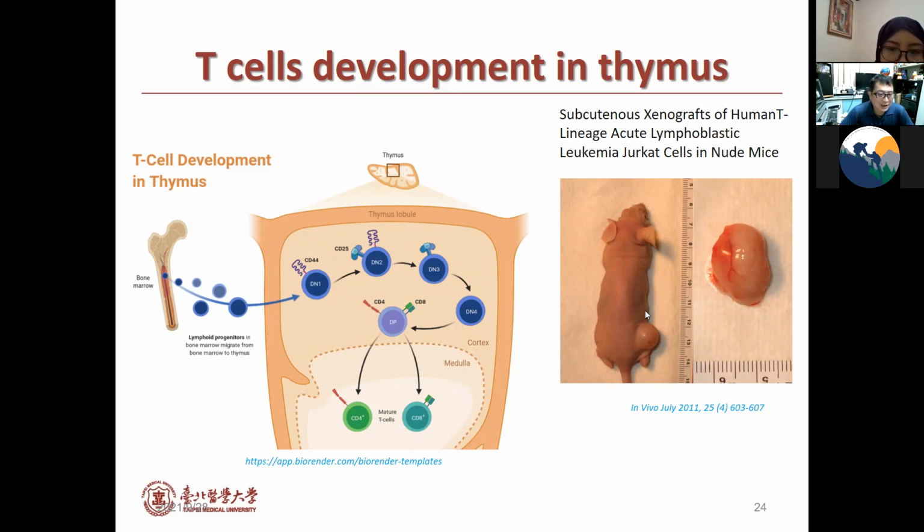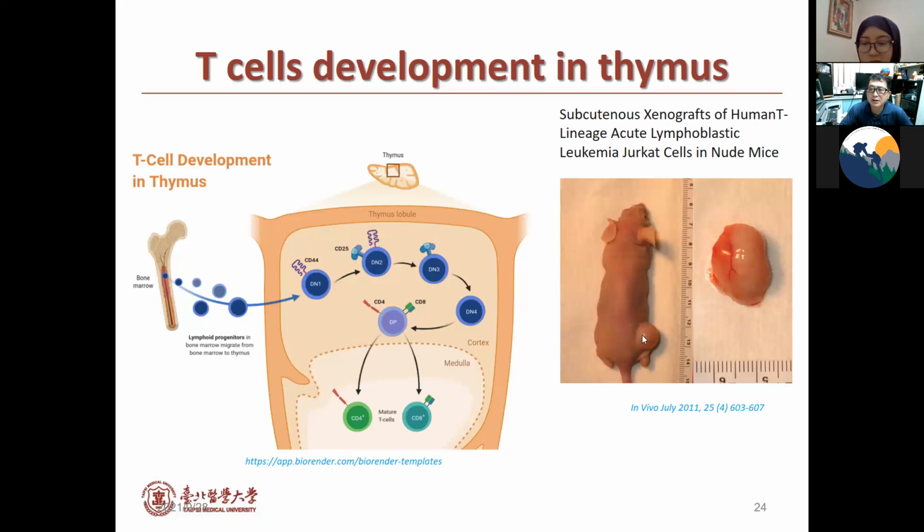In TMU, we use a lot of this kind of mice for drug testing. The drug can be a therapeutic drug for treatment of different types of cancers, because we can inject our cancer cells from humans subcutaneously into the nude mice, and the tumor can grow.